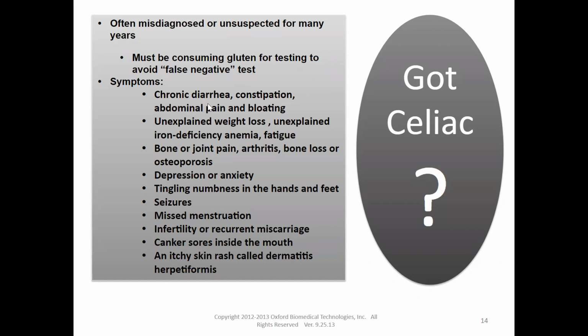Symptoms are usually more severe. So you can see here chronic diarrhea, constipation, unexplained weight loss, iron deficiency, anemia, extreme fatigue, joint pain, tingling, depression, anxiety, seizures, etc. So this is taking the symptoms to definitely the next level.